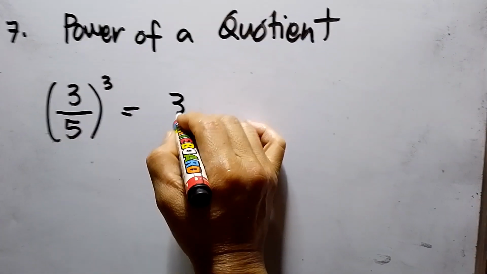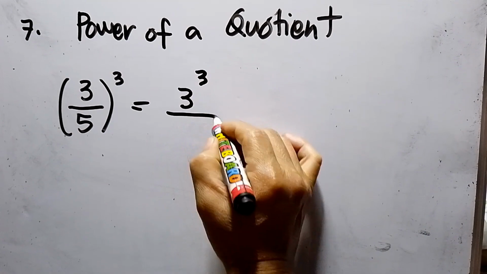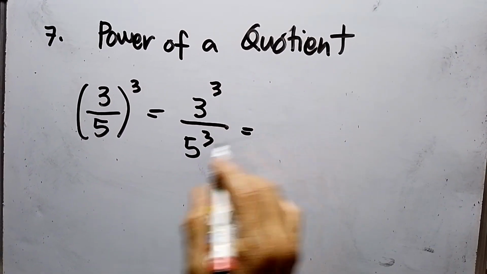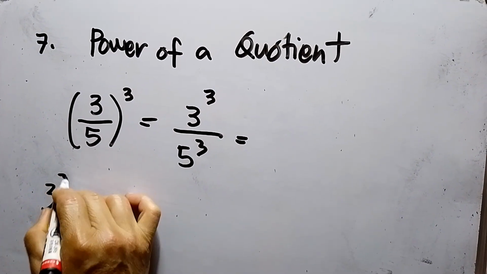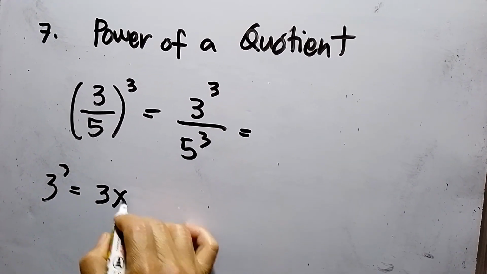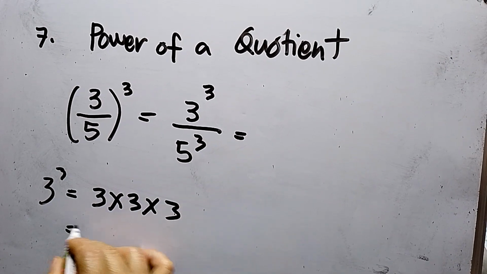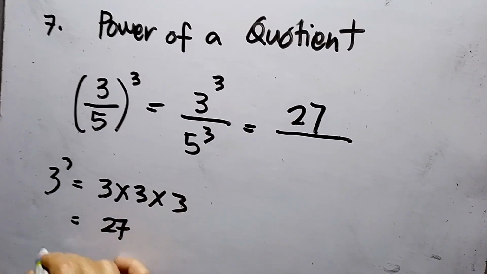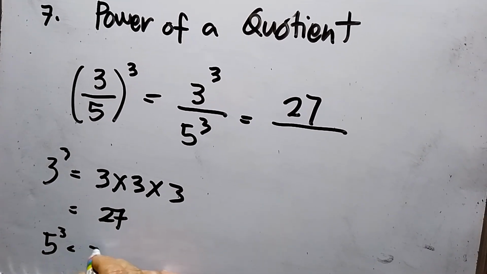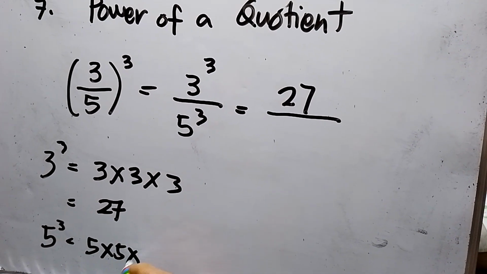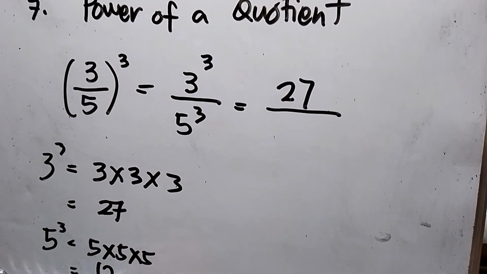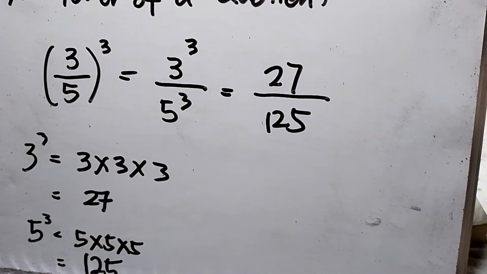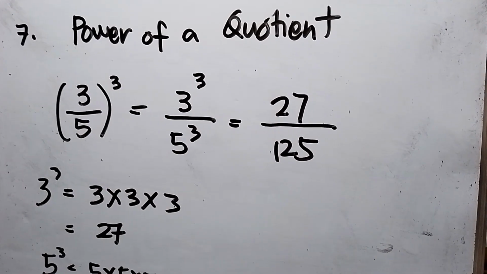So I can write the base 3 to the third power, and then the base of the denominator is 5 raised to the third power. So what is 3 to the third power? Multiply 3 times itself, so this will be 27. How about 5 to the third power? 5 times 5 times 5 is equal to 125. So the answer is 27 over 125. That's all for my topic today.